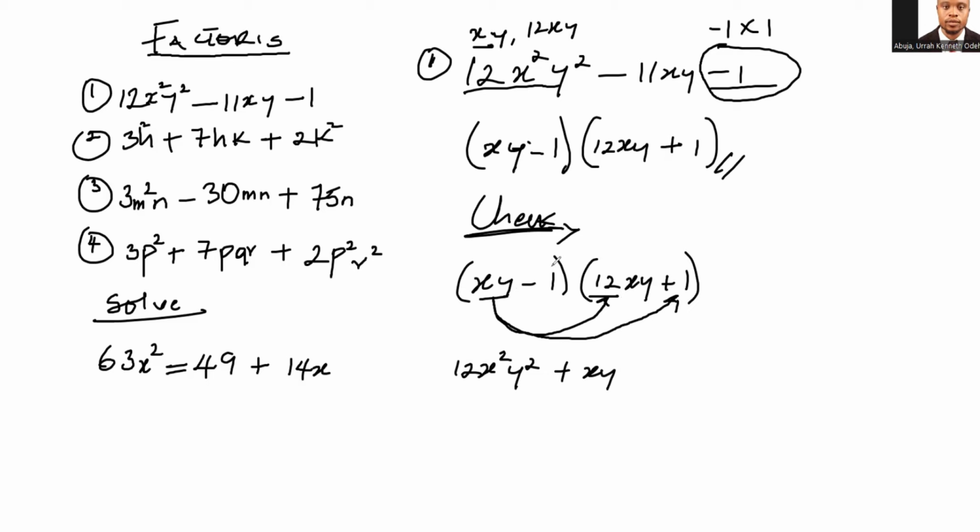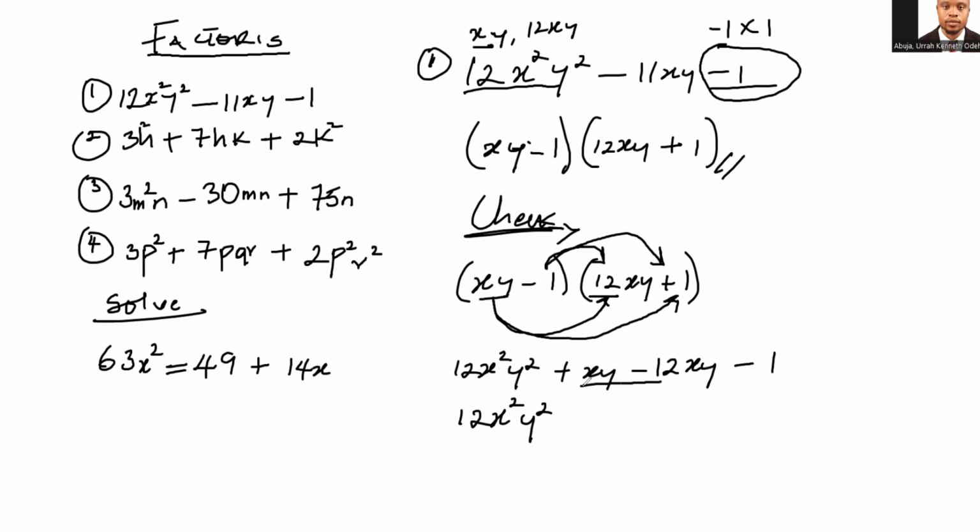Now we're done with this, so this multiplies this one. That's minus 1 multiplied by 12xy. So we have minus 12xy. And again, minus 1 multiplied by plus 1 gives us minus 1. Now, minus times plus gives us minus. So that's it. So now this is basically equal to 12x squared y squared.